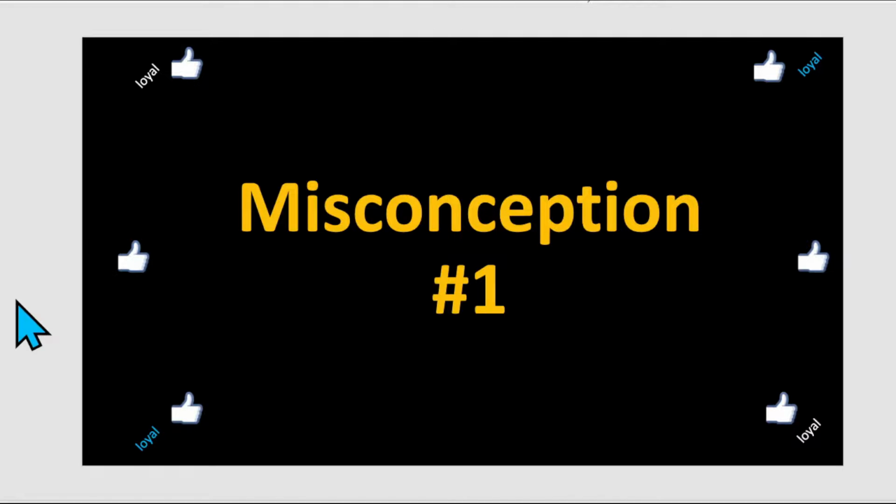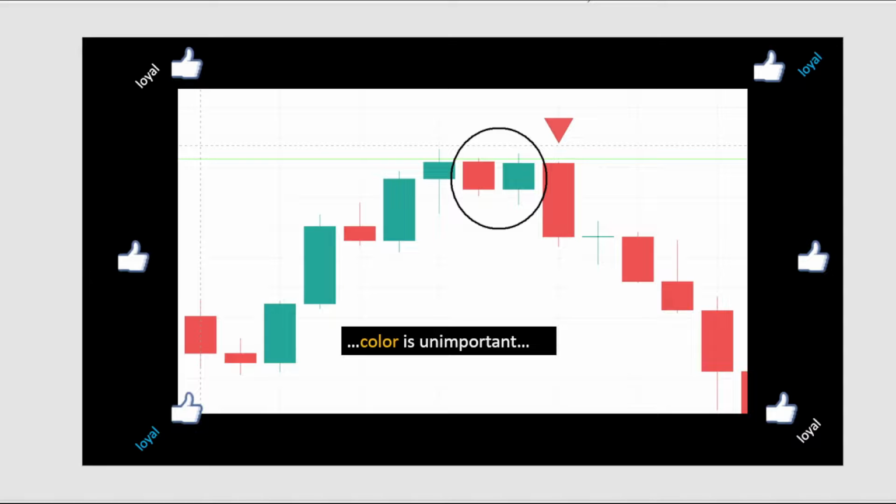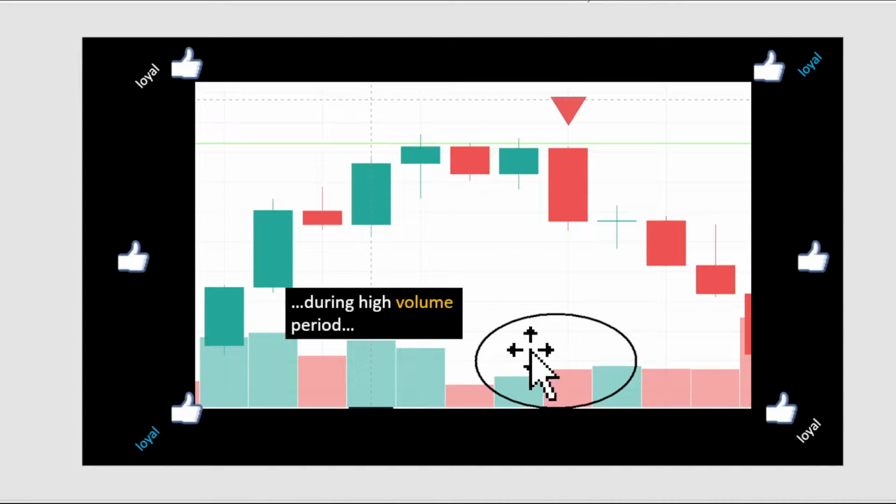Misconception number 1 of technical analysis. First is, we start with candlesticks. Some people said that color is unimportant when looking at candlesticks. In fact, this is a very wrong idea. Candles work best during high volume periods.